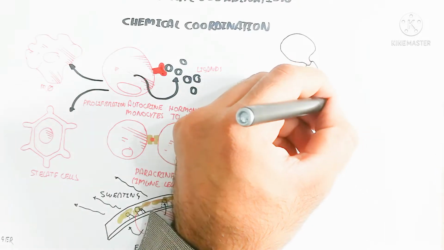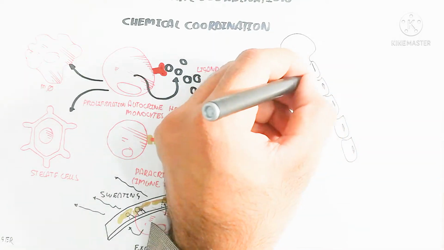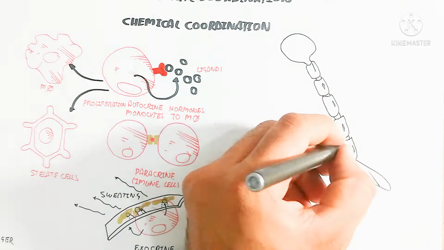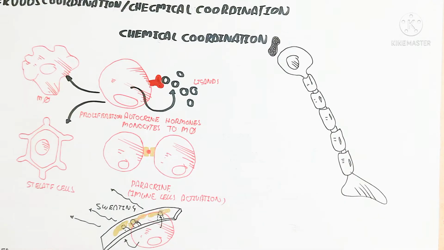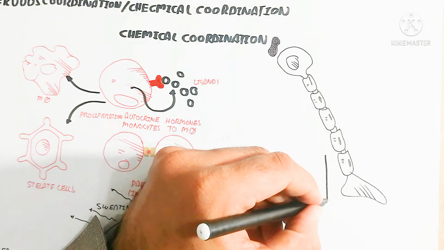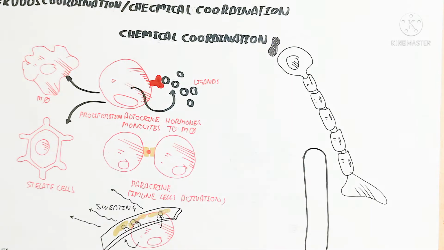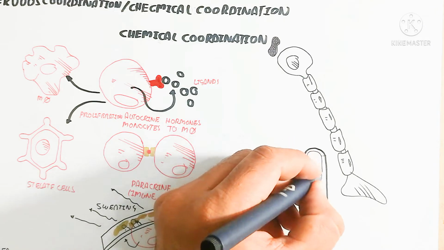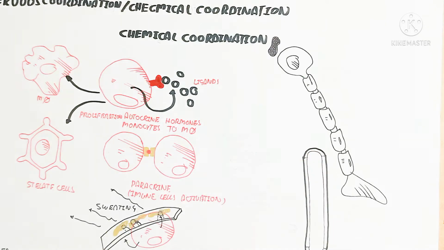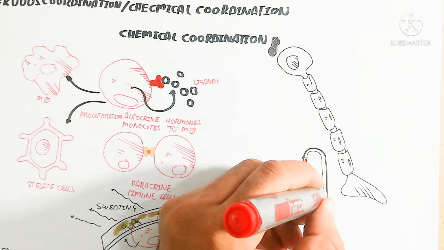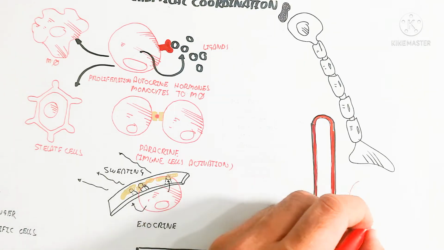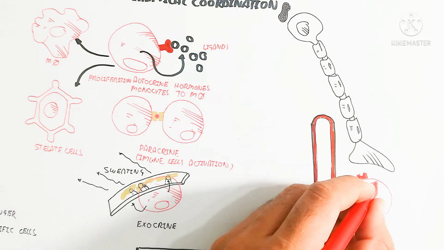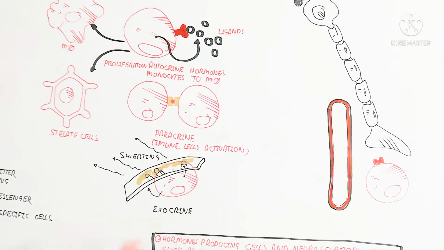On the other hand, here you can see a stimulus, for example the neuroendocrine system. The primary stimulus can be something that stimulates the nerves in the hypothalamus, for example, and it will stimulate the effector cell. This effector cell will produce the hormone, which goes either into the blood circulatory system or binds with another cell, but it goes into the blood circulatory system to the effector cell and gives the response.